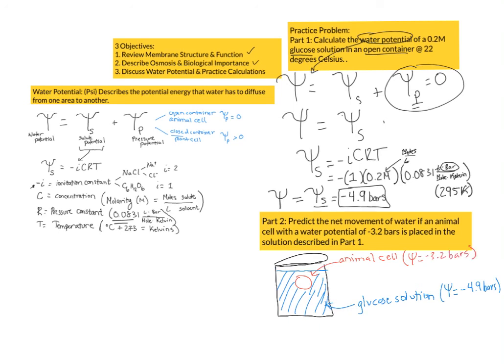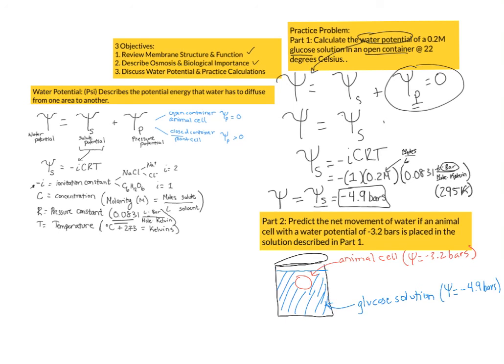But to predict the net movement, we have to remember from part 2 of this lesson that water will move from an area that has a high water potential to an area that has a low water potential. Now this is where keeping in mind the negatives is really important. So in this case, does the animal cell have a higher water potential or lower water potential in comparison to the glucose solution? If you said that the animal cell has a higher water potential than the glucose solution, you got that correct.